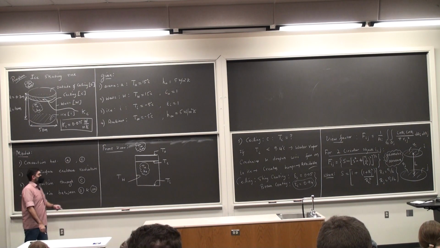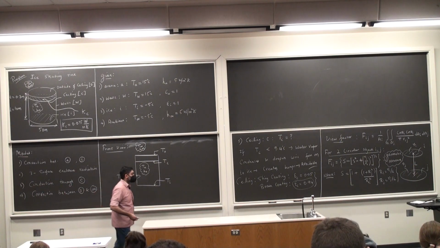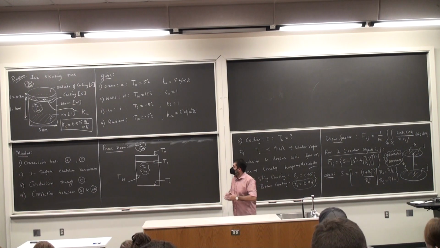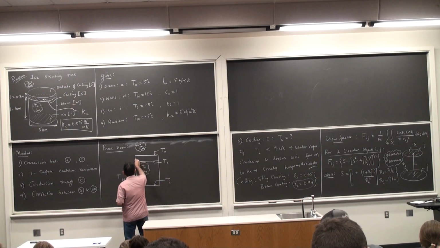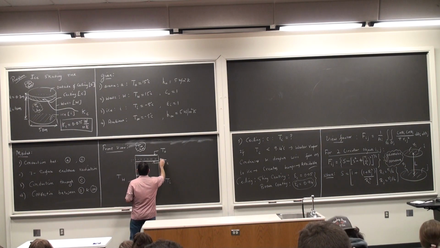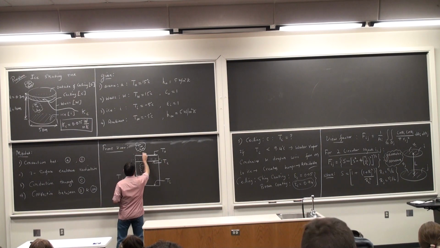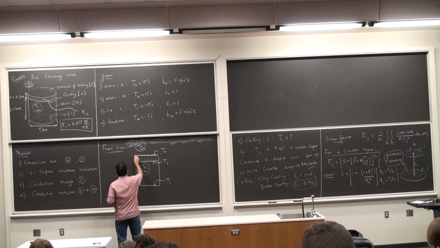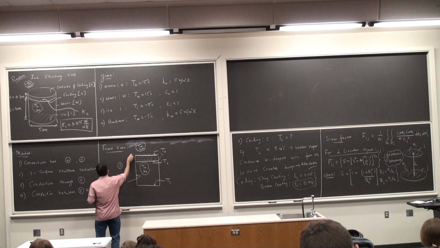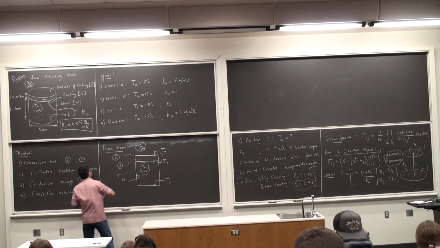I'm going to draw two control volumes and perform a surface energy balance, because we need to know what's happening on the sealing. First control volume, second one, and that's 2.